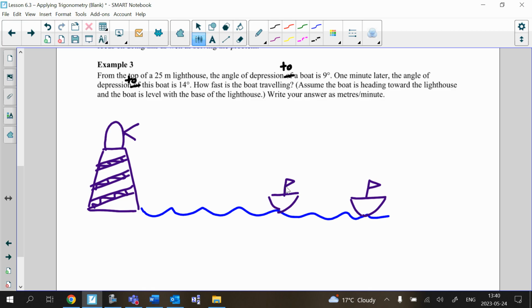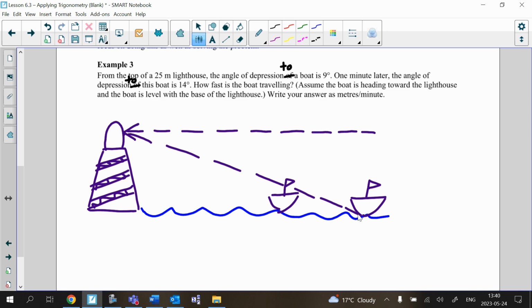So we're actually going to create two triangles, two right triangles. One is going to be to the far boat. So remember, the angle of depression, you draw a horizontal out from the lighthouse, and then you draw a line of sight from the lighthouse to the first boat.